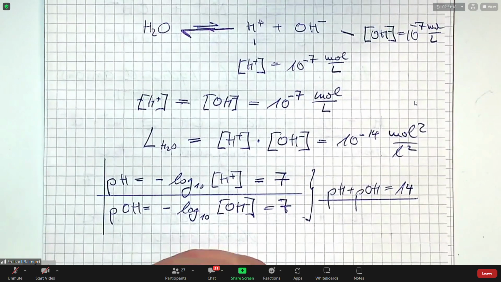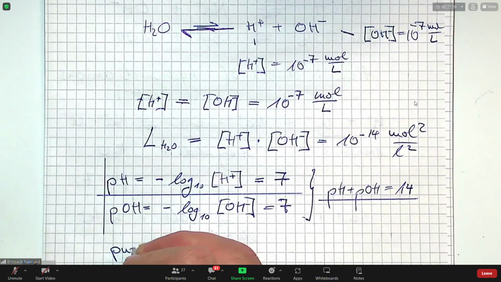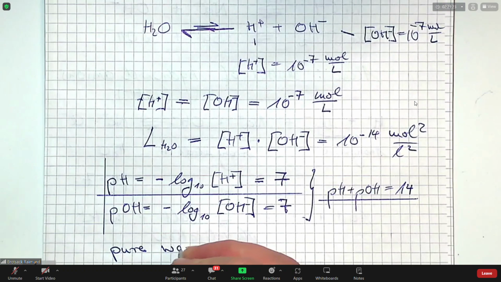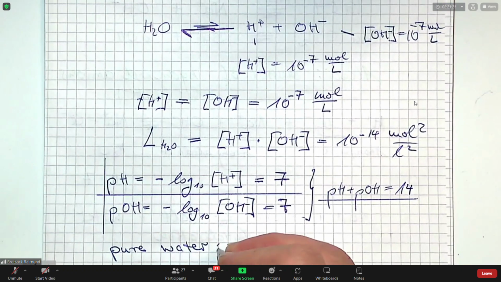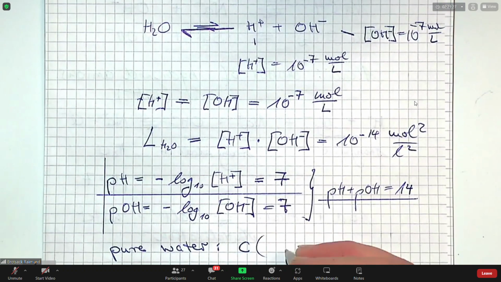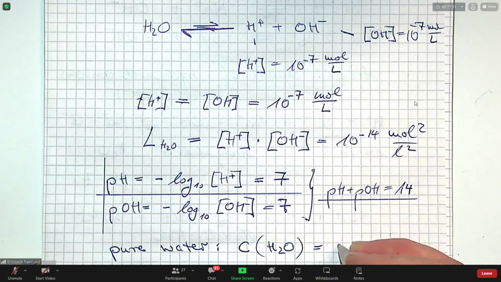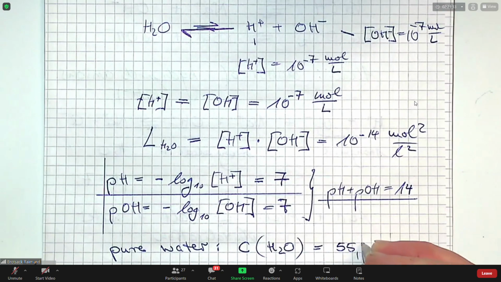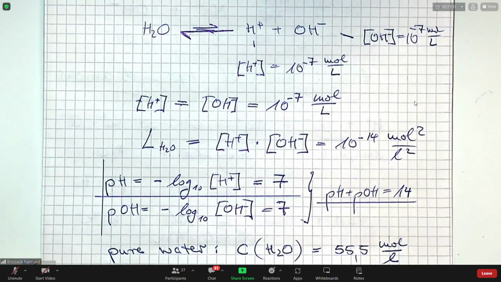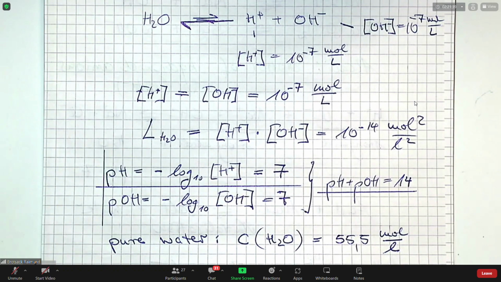In pure water, we know the concentration of the water molecules. The concentration of the water molecules is 55.5 mole per liter. That is the concentration of water in water. How many molecules do we have in 1 liter of water? It's 55.5 mole.